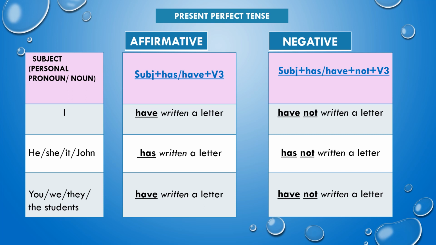Now, if we cross-look at the subject column and the affirmative column, we shall see the uses of has or have with a subject. Have is used with I, you, we, they, or plural nouns, or in the example given, the students.